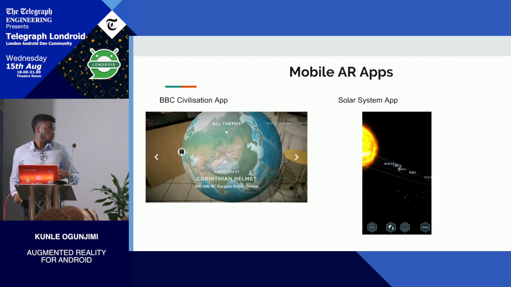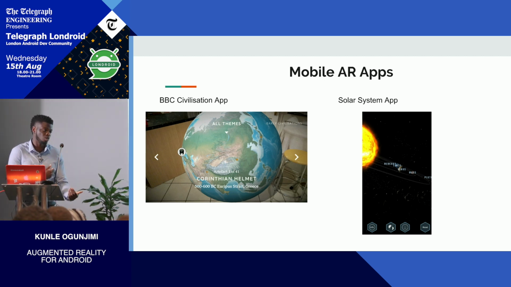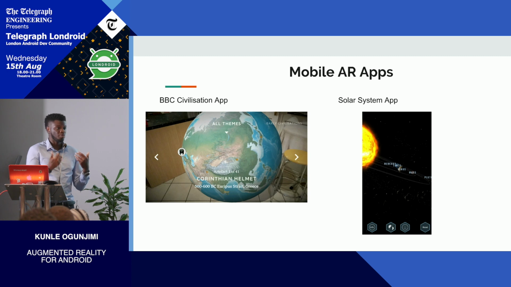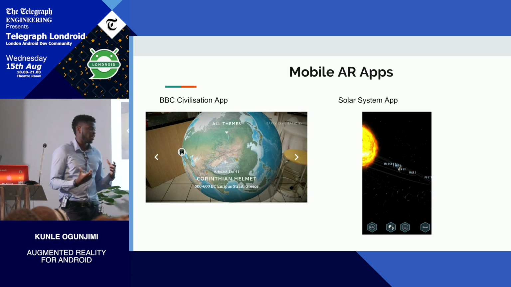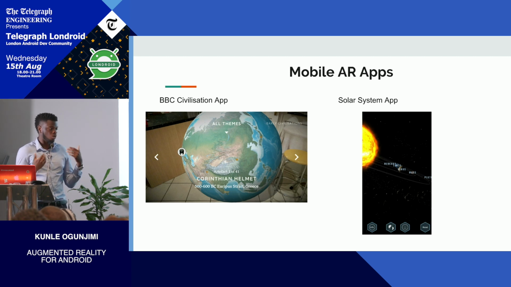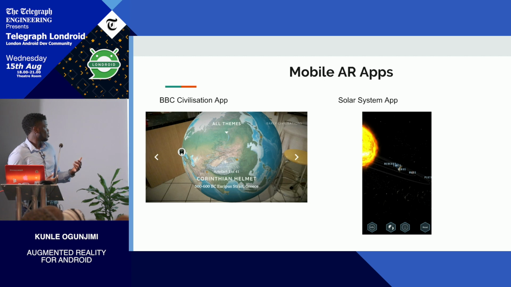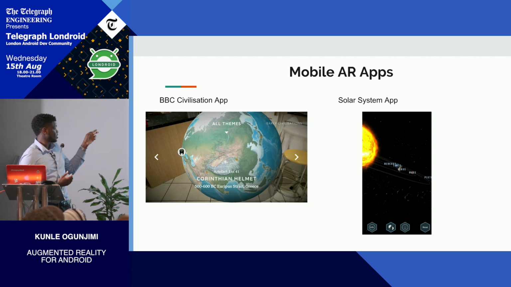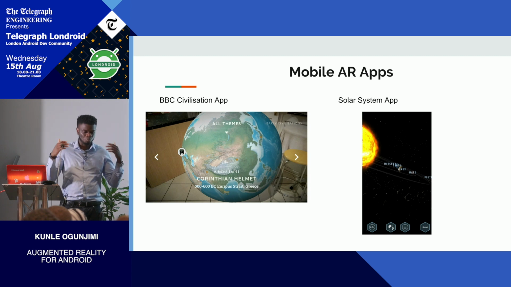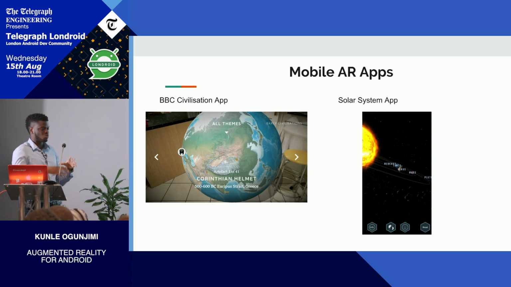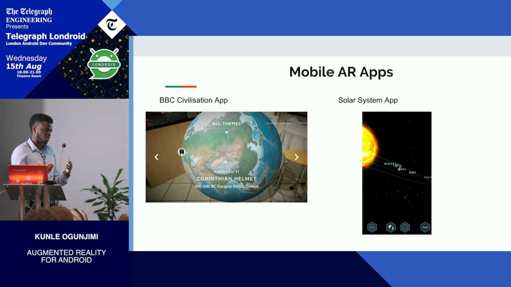Again, you can use it for educational purposes as well, which I feel it can be used for. I was talking earlier about how I want to show the planets in our Telegraph app, where the user can learn a different way, learn visually. And I found these two really cool apps. The BBC Civilization app is where it's sort of like you're in the British Museum, and it has all these crazy 3D objects that you can interact with and learn.